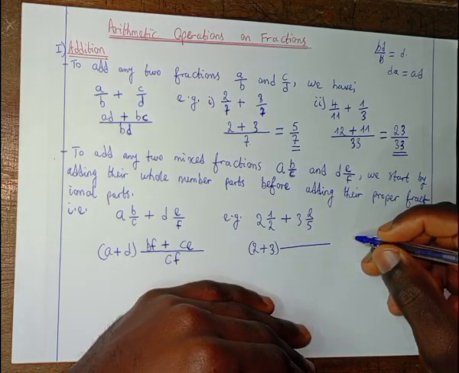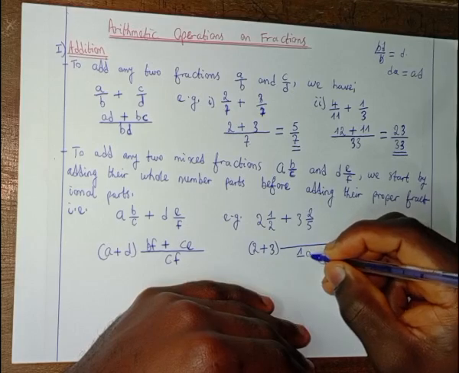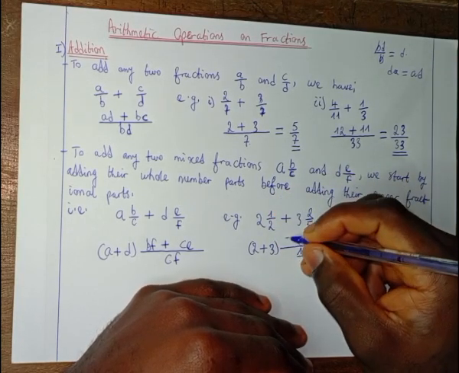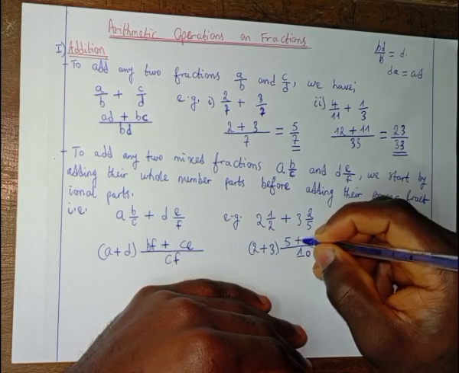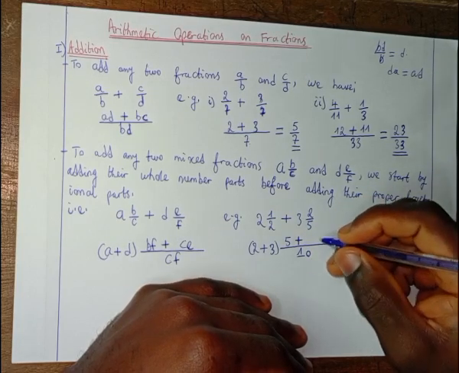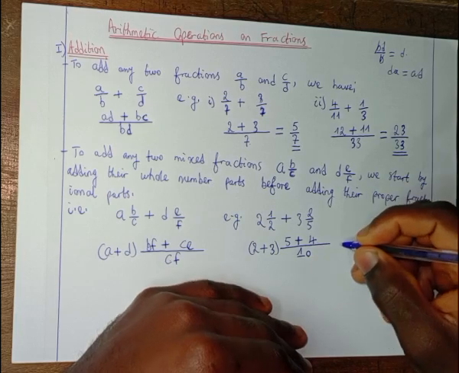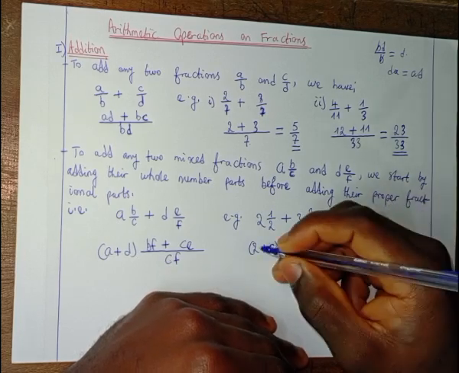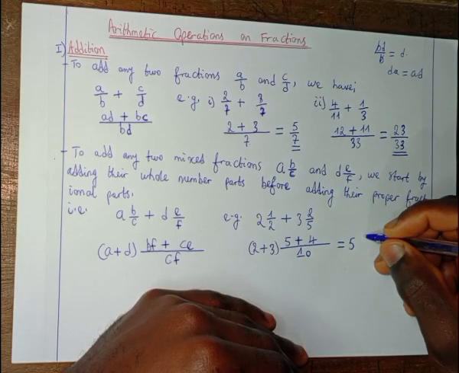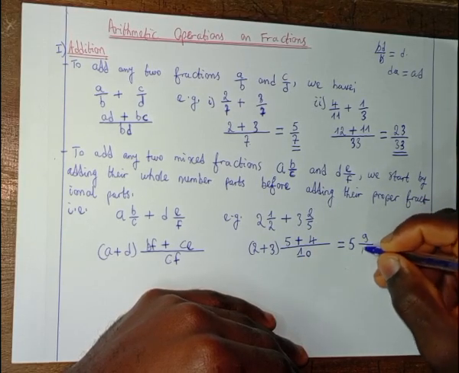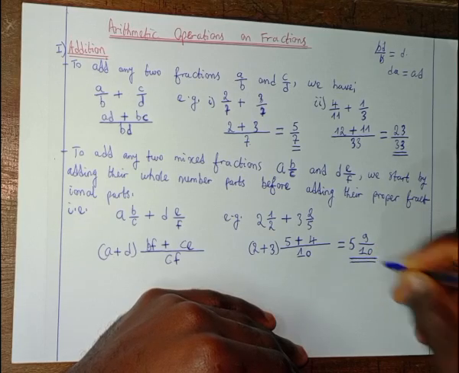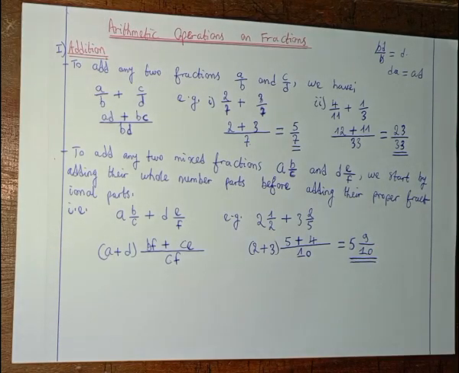The LCM of 2 and 5 is 10. 10 divided by 2 gives us 5. 5 times 1 remains 5. We bring down the operation sign, which is addition. 10 divided by 5 gives us 2. 2 times 2 gives us 4. This will simply be equal to 2 plus 3 gives us 5. 5 plus 4 gives us 9 over 10. So the answer will simply be 5 and 9 all over 10.